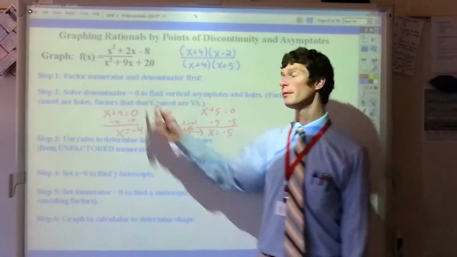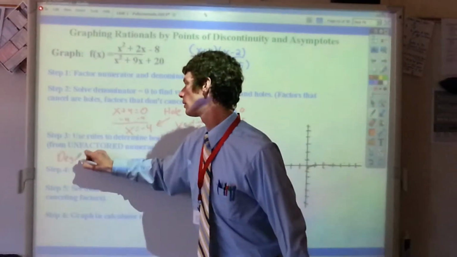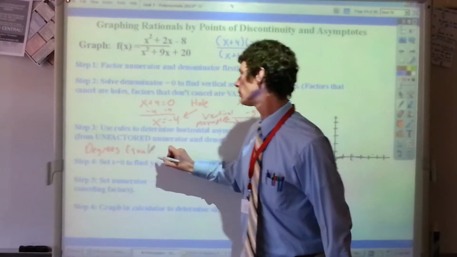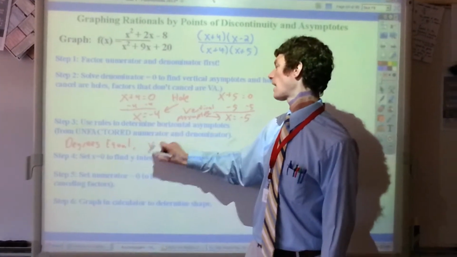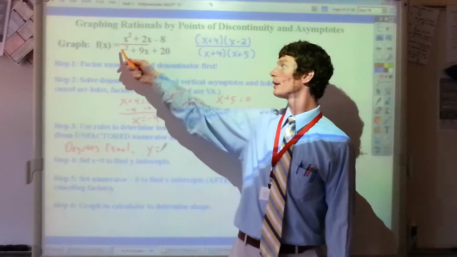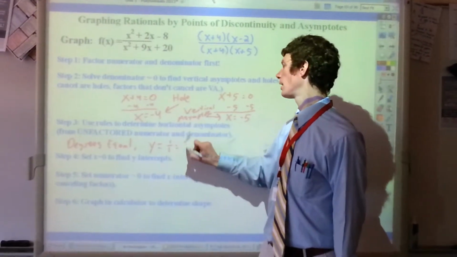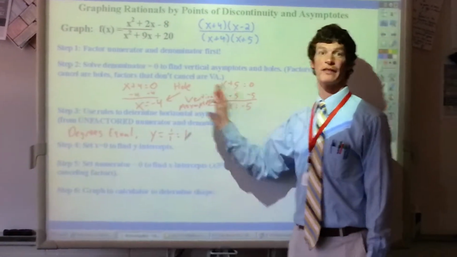So when they're equal, we take the leading coefficients. So the horizontal asymptote is that y equals, leading coefficient of the numerator is 1, leading coefficient of the denominator is 1, 1 divided by 1 equals 1. At the end, we'll graph all these and we'll show you how they apply to the graph.